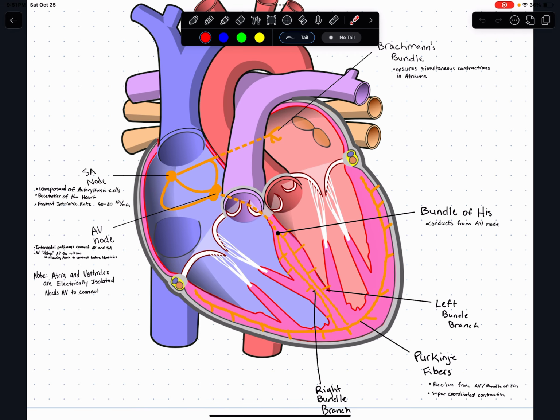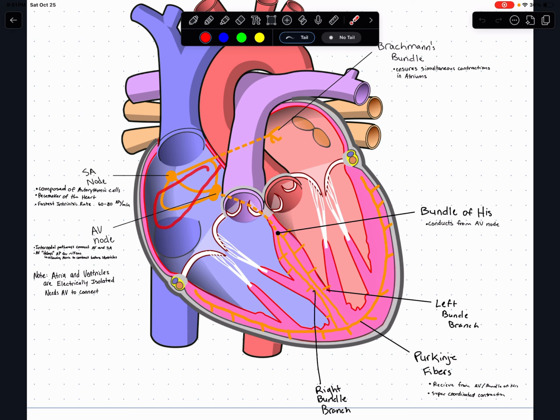The AV node is very important because the AV node is what connects your atria and ventricles. Your atria and ventricles are electrically different, isolated systems, and so this AV node is connecting them. What's significant about the AV node is it actually delays the action potential from the SA node by around 0.1 to 0.15 seconds.